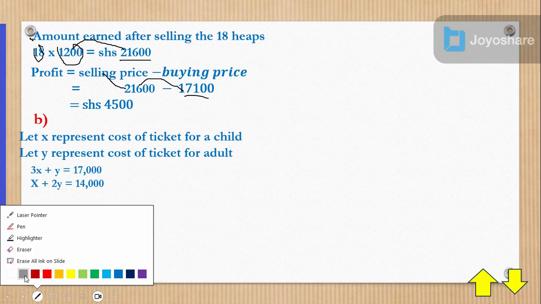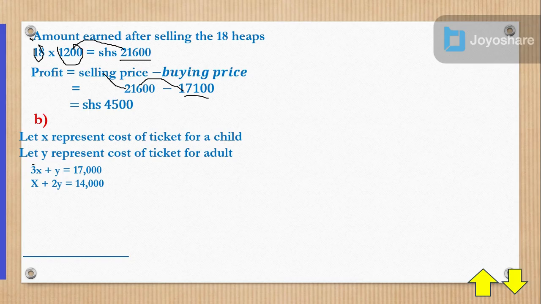Just put the highlight here. So here the number of children was 3 and they went with their uncle, who is an adult. So when you say uncle, it means it is one person.